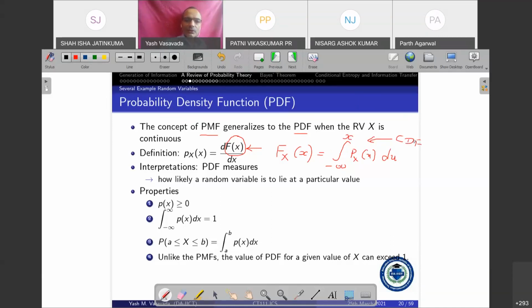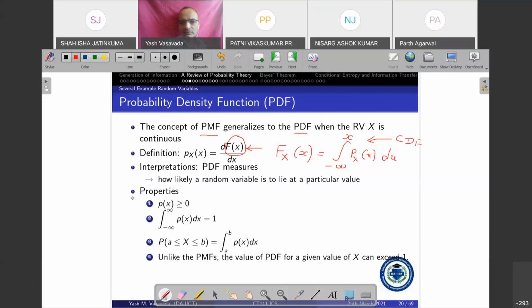And so corresponding to PMF for the discrete case, we have PDF for the continuous case, and corresponding to CMF for the discrete case, we have CDF. And they both contain the same data, right?